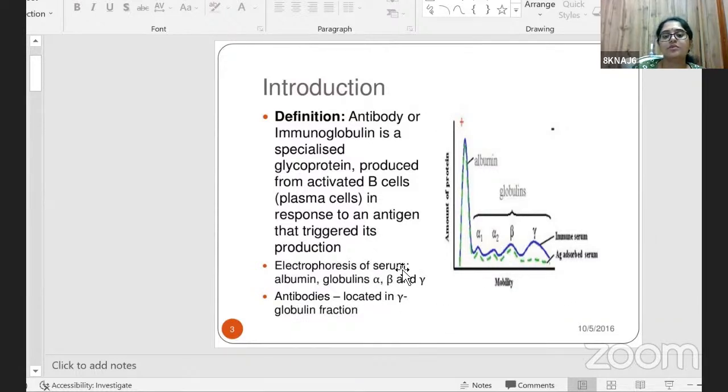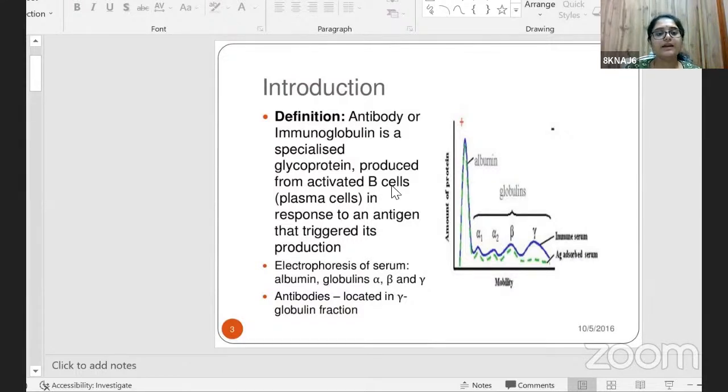So serum proteins have albumins and globulins. Of which the globulins have alpha, beta, gamma, and the gamma globulin fraction has the antibodies in it basically. Each antibody specifically binds to a single antigen.